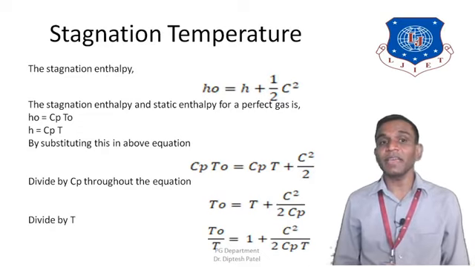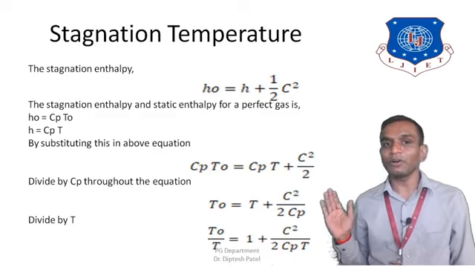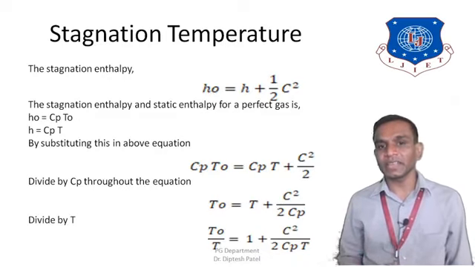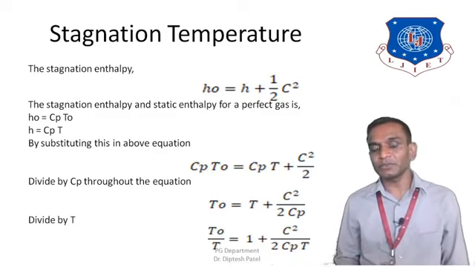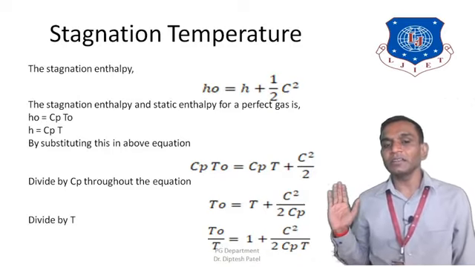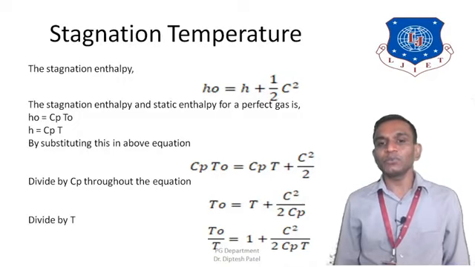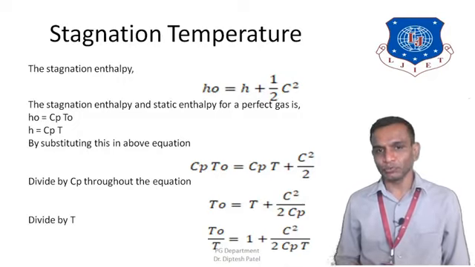Now, let us substitute these two values of stagnation enthalpy and static enthalpy in the above equation. If you replace H0 and h, the whole equation becomes CpT0 is equal to CpT plus C square divided by 2.